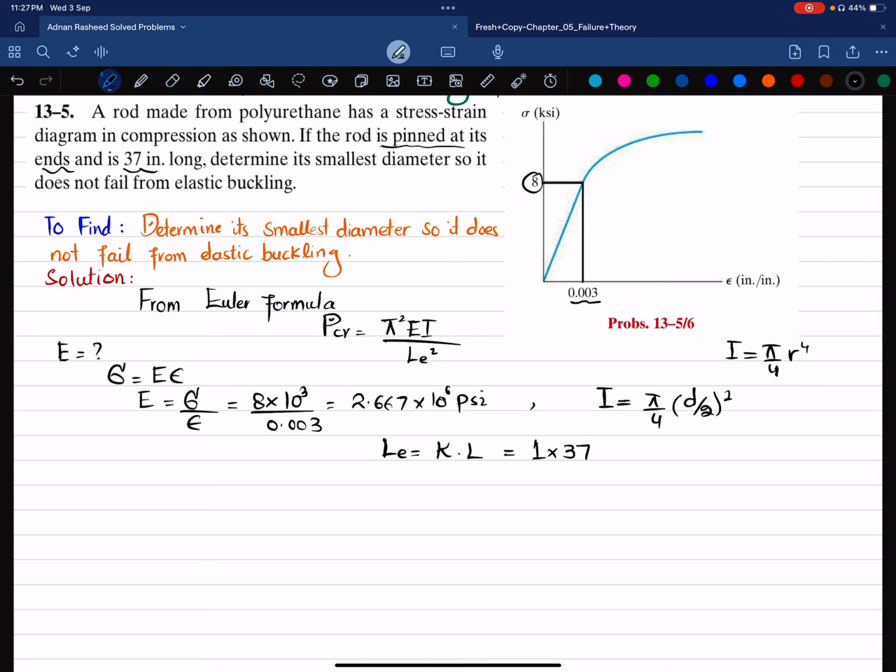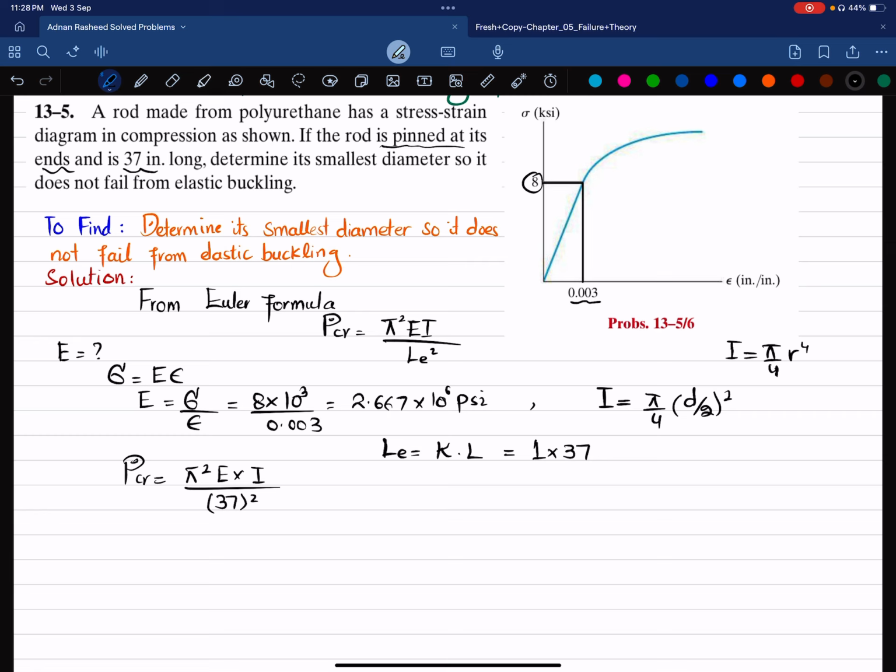Now we have all these values. So we will just plug them into this formula, that P critical is equal to pi square E multiplied by I divided by LE square. Instead of LE I can put 37 square.